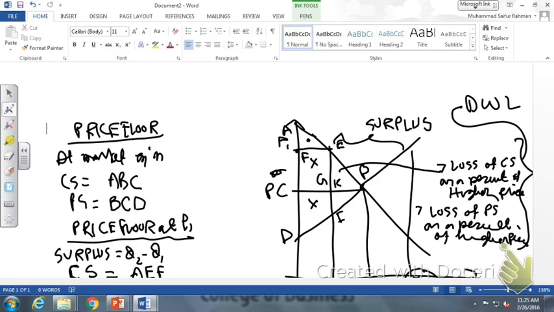So the government promises that I'm going to put a price floor, and if you are unable to sell your production, I'm going to buy that from you. Are we all clear on that? It is called agricultural price support. It's a combination of two policies. One is a price floor, and the other one is a buyback guarantee. So the question is why?